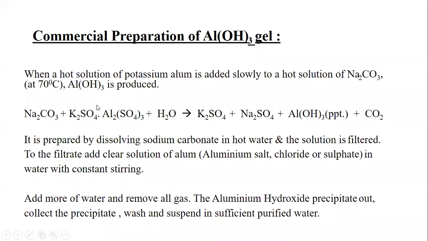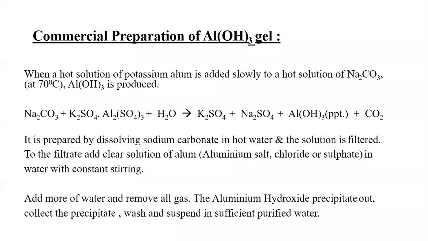So when a hot solution of potash alum is added to a hot solution of sodium carbonate, you get your aluminium hydroxide as a precipitate along with byproducts, that is sodium sulfate, potassium sulfate and carbon dioxide. Now you should remember this very carefully: hot solution of potash alum is only added into the hot solution of sodium carbonate.